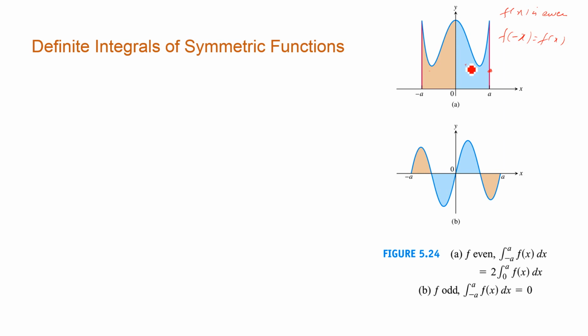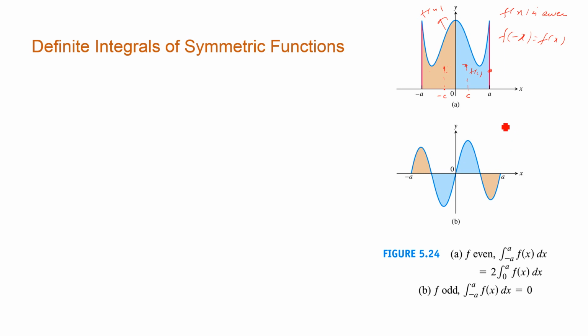So similarly, if we have a point here, the value of the function is this, and if we take the negative of this value, say this is c, so this is negative c, and of course this height is f of c, if this graph is the function of fx. So you can see exactly at minus c we have the same height. So this is symmetry about the y-axis. So if f of minus x is fx, the function is even, and an even function is symmetric about the y-axis.